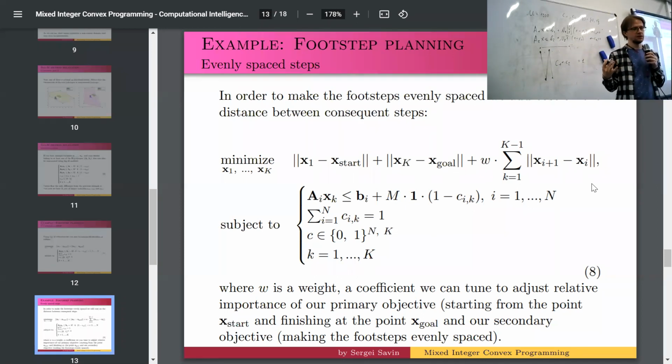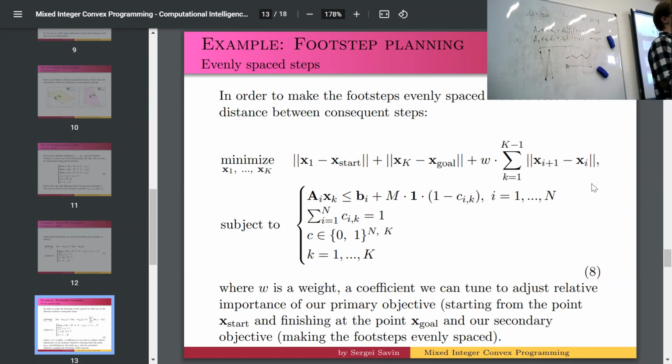So if you want to prevent it, what you can do is square the norm. Then if you square the norms, this type of footsteps is going to be preferred to this type of footsteps. Why? Because the square of this norm is going to dominate all of the squares here.